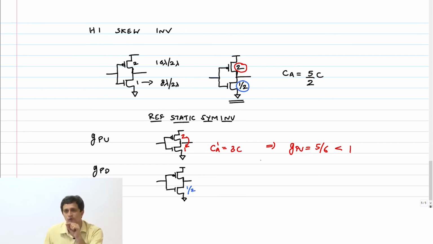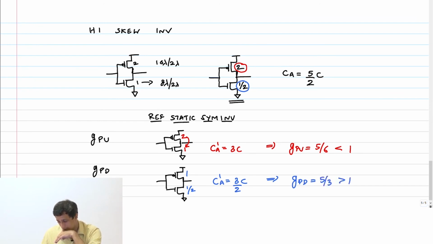If this is half, what should be the PMOS? 1. Therefore, Ca prime is how much? 3 by 2 C, which implies GPD is how much? 5 by 3, which is greater than 1.